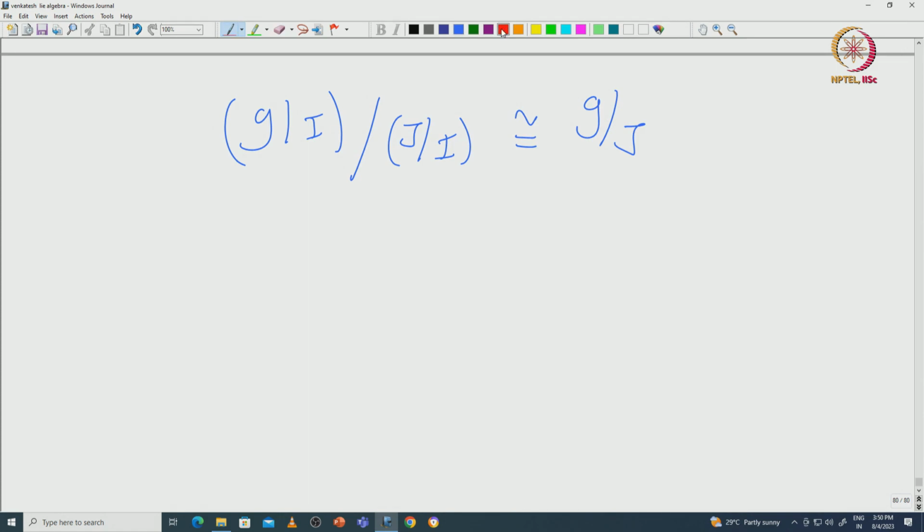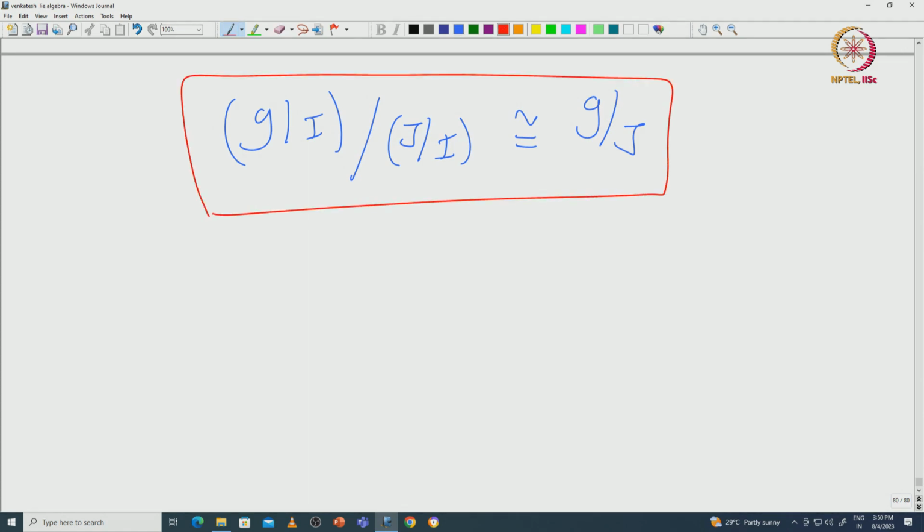So, this ensures that you do not need to go to quotient of quotient and so on. This procedure is somewhat complete once you take the quotient. So, there is no iteration. You will not get anything new out of it.